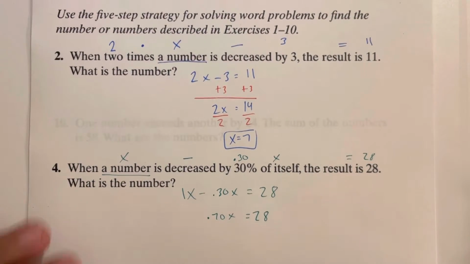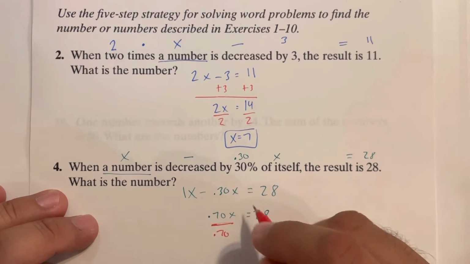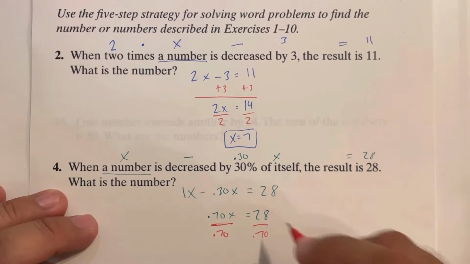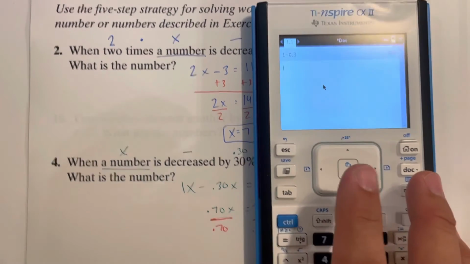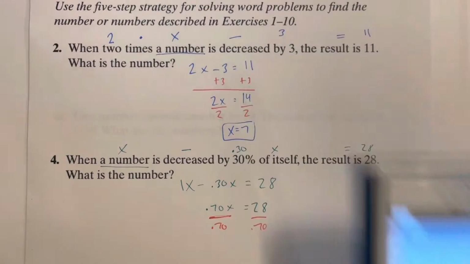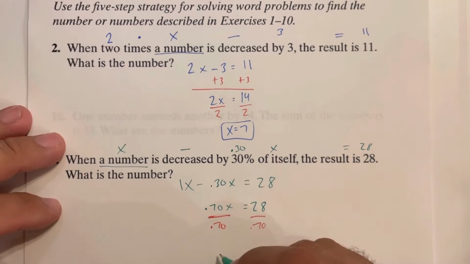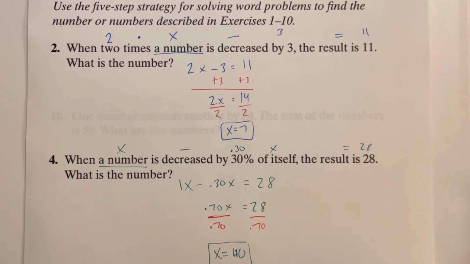Alright, from here we're going to divide both sides by 0.70. So we're going to divide 28 by 0.7, and we get 40. So in this case here, x is going to be equal to 40. Alright, on to the next one.